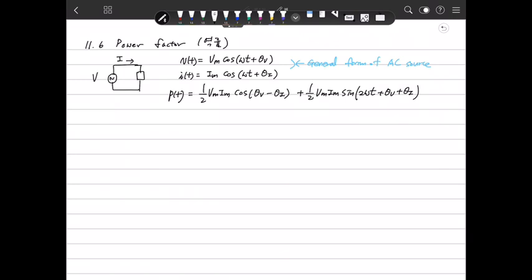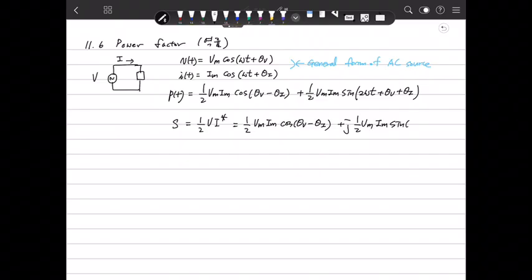And the complex power, when you describe the voltage and current in peak values, will be one half V I conjugate. So it can be written as one half Vm Im cosine(theta V minus theta I) plus j one half Vm Im sine(theta V minus theta I).